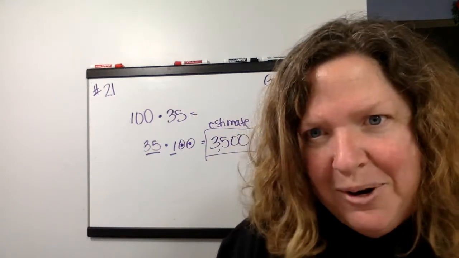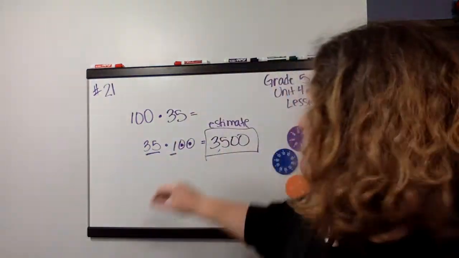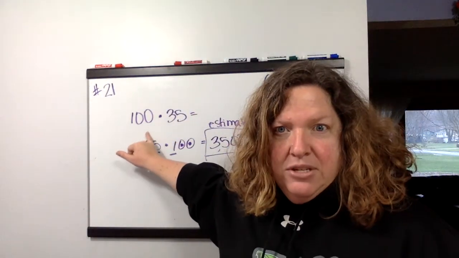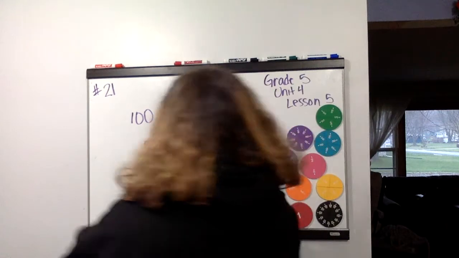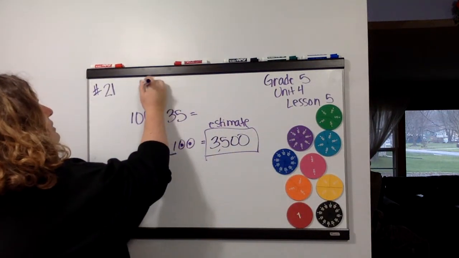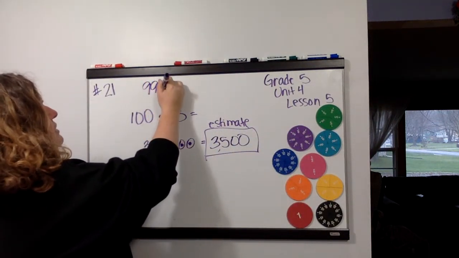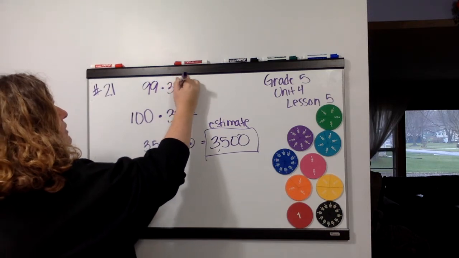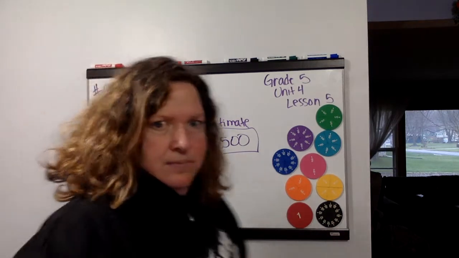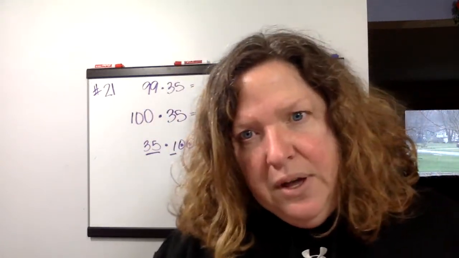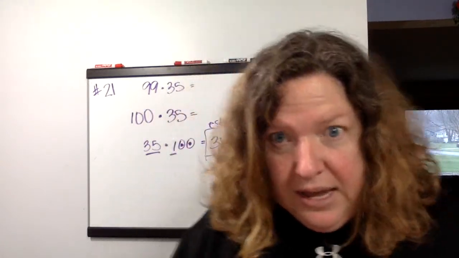But remember, it wants us to find the actual answer. It just wants us to do it mentally. So we changed the 99 pages to 100. We started out with the problem of 99 pages times the 35 weeks. So if we changed it to 100, how are we going to get it back to 99?